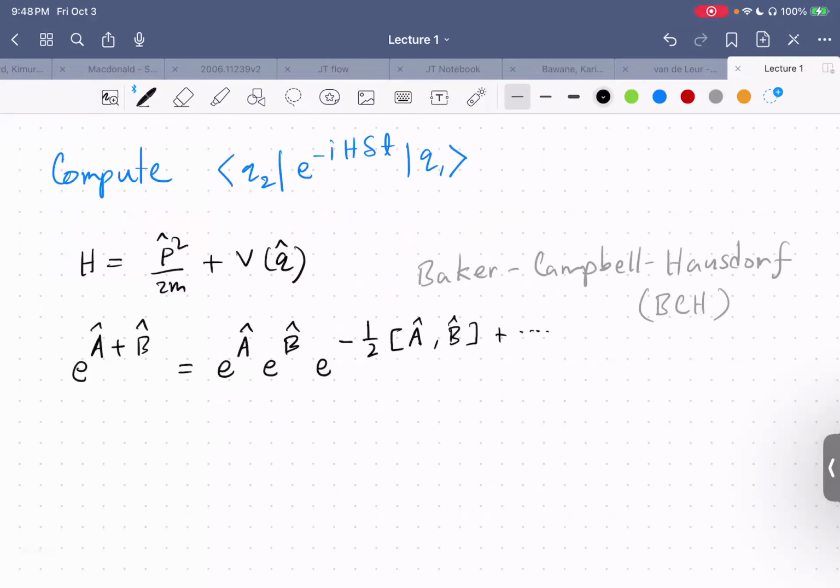And this applies for any operators on any linear space, matrices or whatever you have. This is a very general identity.